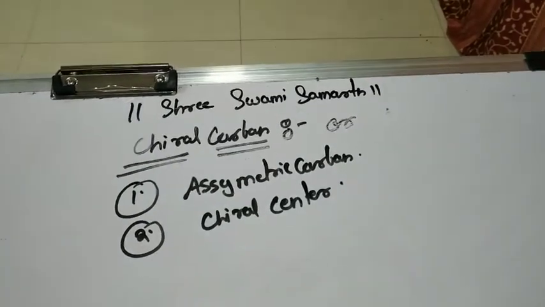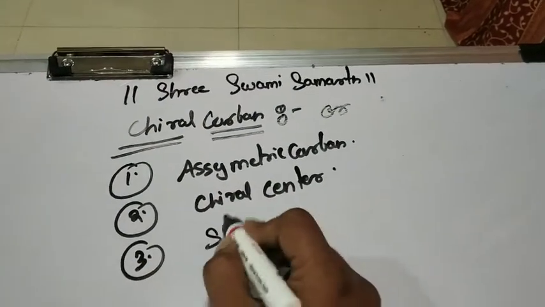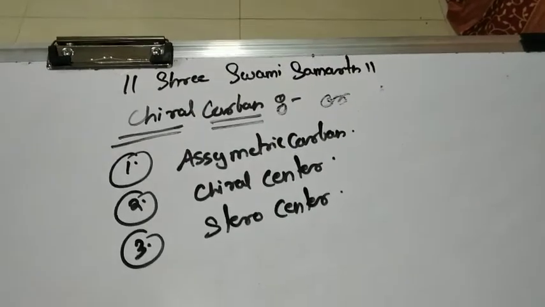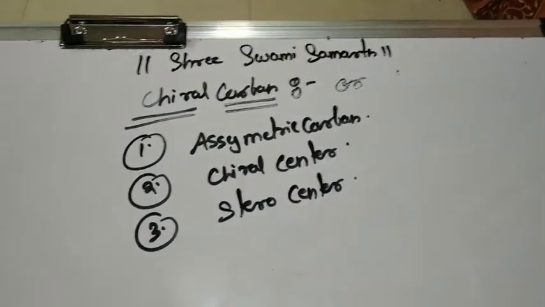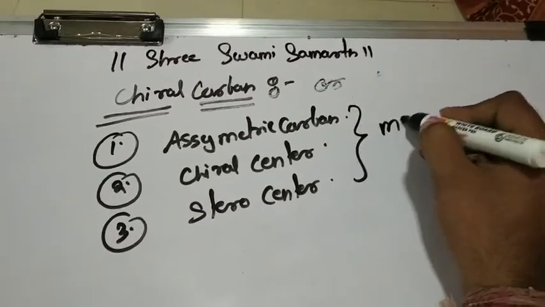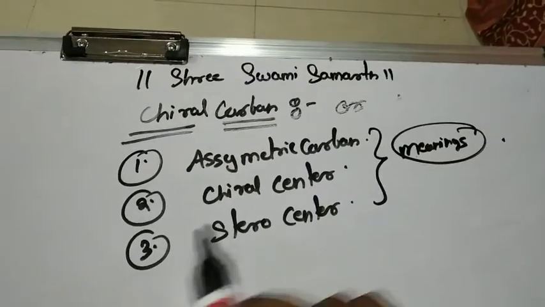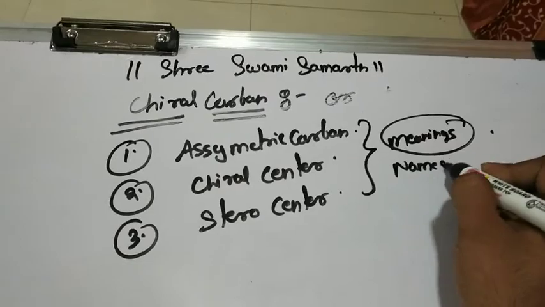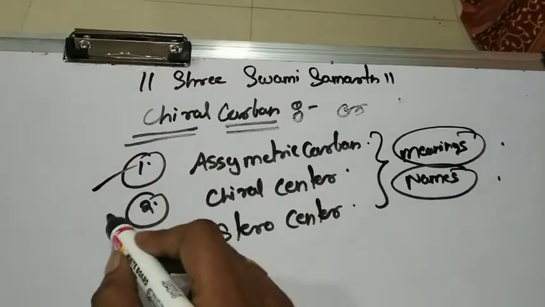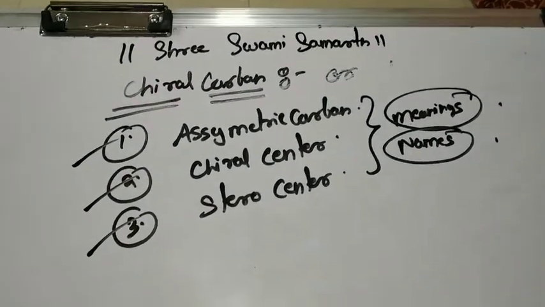The third one, it is also called stereo center, right? So these are the different names of the chiral carbon: asymmetric carbon, chiral center, and stereo center.